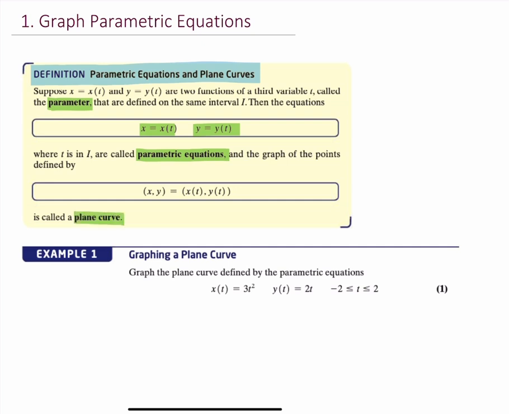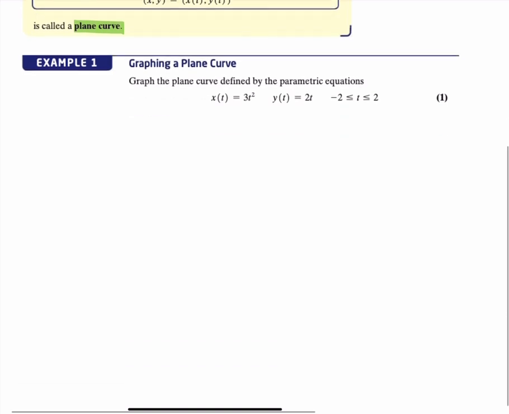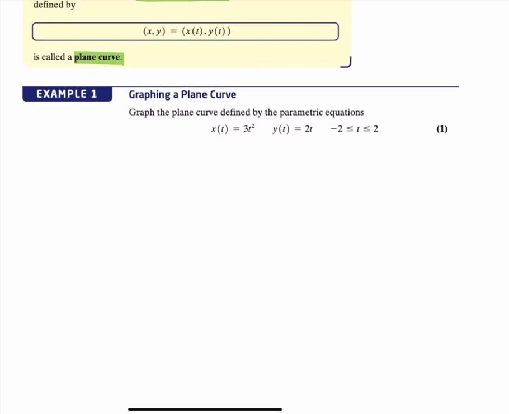So let's look at an example. We can produce the graph and see how it forms over time. So they give us in example 1 a parametric equations where x of t is defined as 3t squared, y of t is defined as 2t, and we're told that t is varying between -2 and +2.